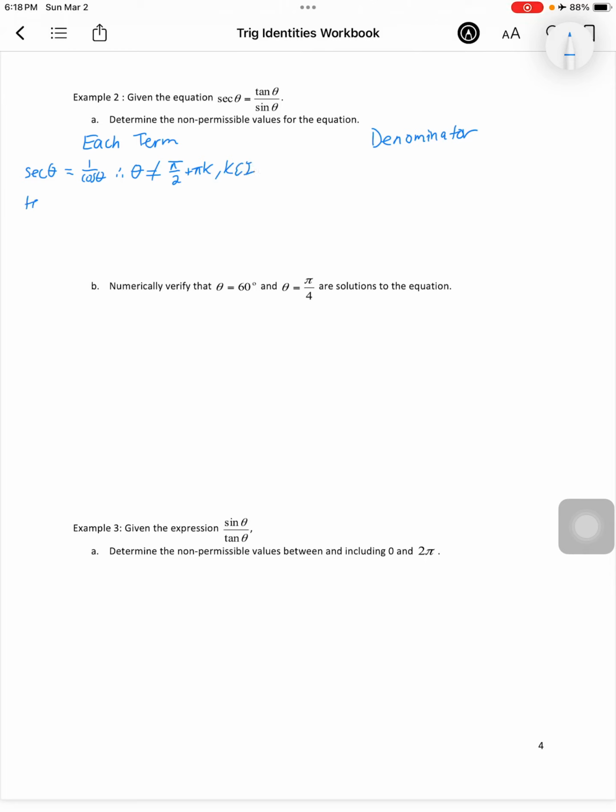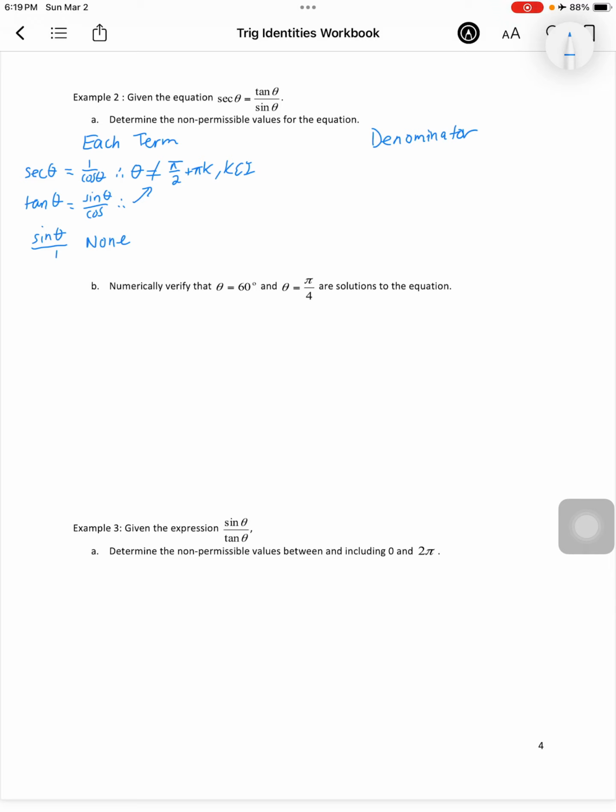And then for tan theta, it's sine over cos. Therefore, it's the same equation. And then sine theta is just really sine over 1, so there's no NPVs in this one, so you just say none.